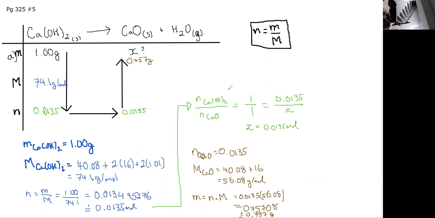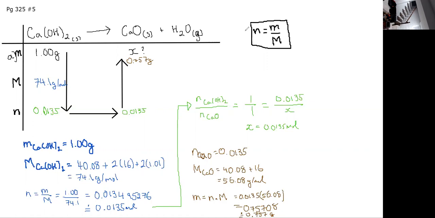And that's it. Now I'm going to quickly go through questions B, C, D, and E because it's a good refresher on some of the reasons why we can do stoichiometry. Part B, predict the mass of water expected.